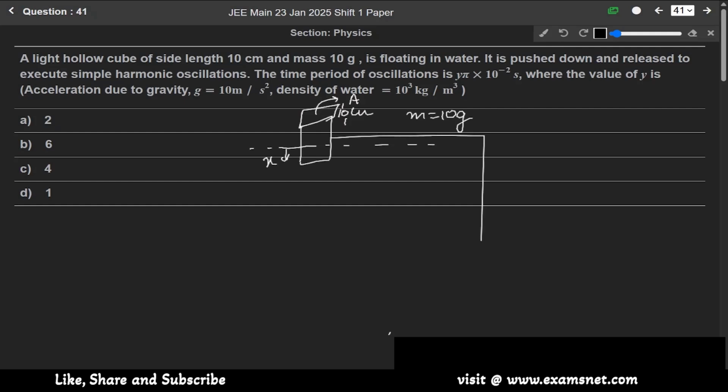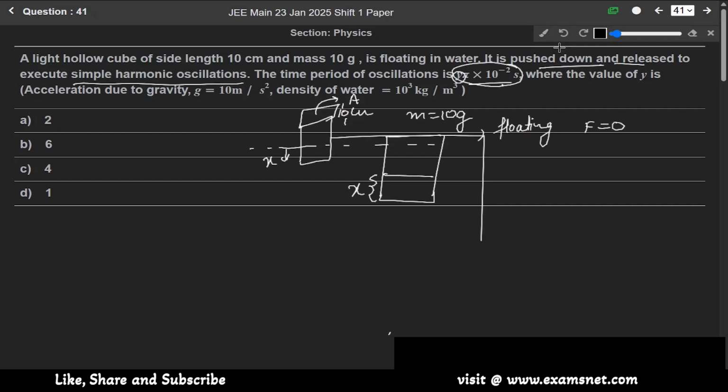Since it is floating in water, the net force is equal to zero. The time period of oscillation is given by this: when we push it down and then release it, it performs simple harmonic motion. We have to find the value of y. So when it is pushed down, it goes down a distance of x.